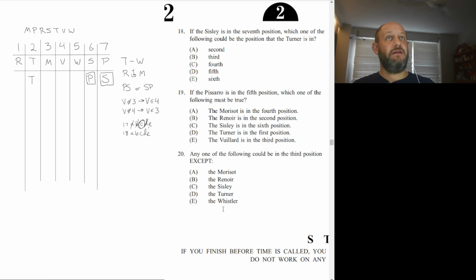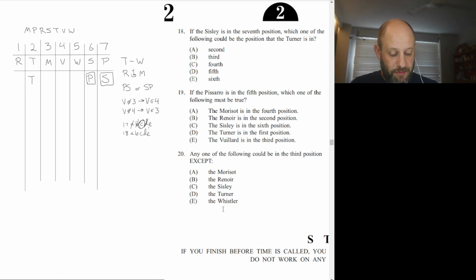There's T second. When I do that, what do I know? Well, I know that W has to come after it somewhere, and I know that R and M have to be split by 1 spot. I also know that V has to be either 3rd or 4th. Okay, it seems to me that the R and the M is the hardest one to put down.